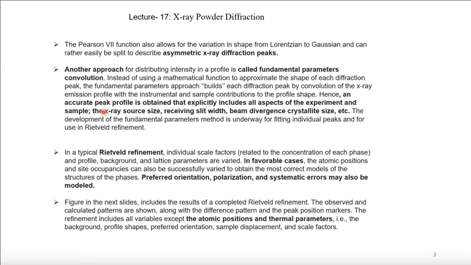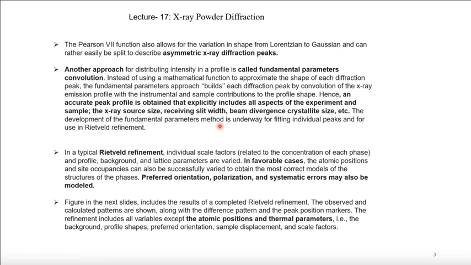An accurate peak profile is obtained which explicitly includes all aspects of the experimental setup, such as the source of X-rays, receiving slit, beam divergence, crystalline size, etc. So this is what this method is developing, and people are expecting to get a better fit with this fundamental parameters convolution method.